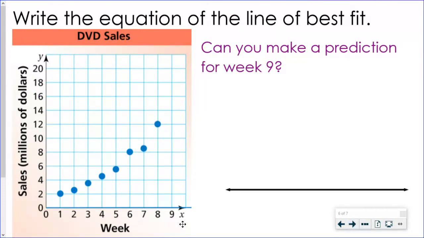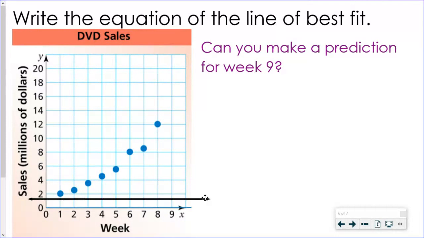Okay, now I would do the same thing. So I'm just going to move it around. And again, I would almost say something like this might be a better one.